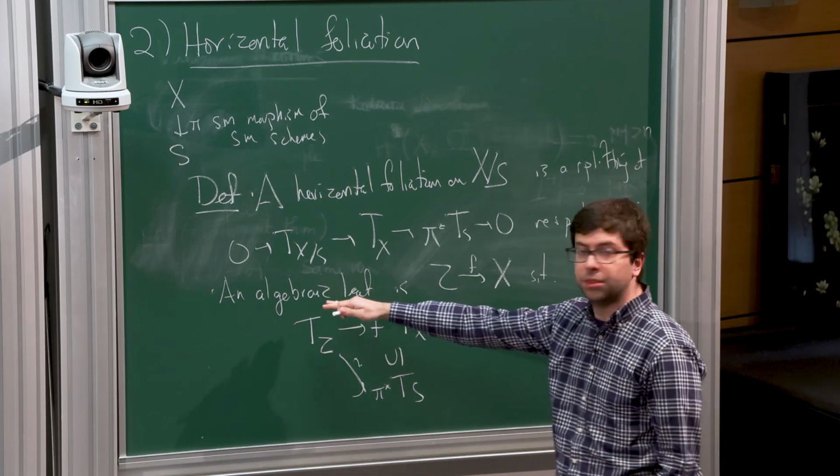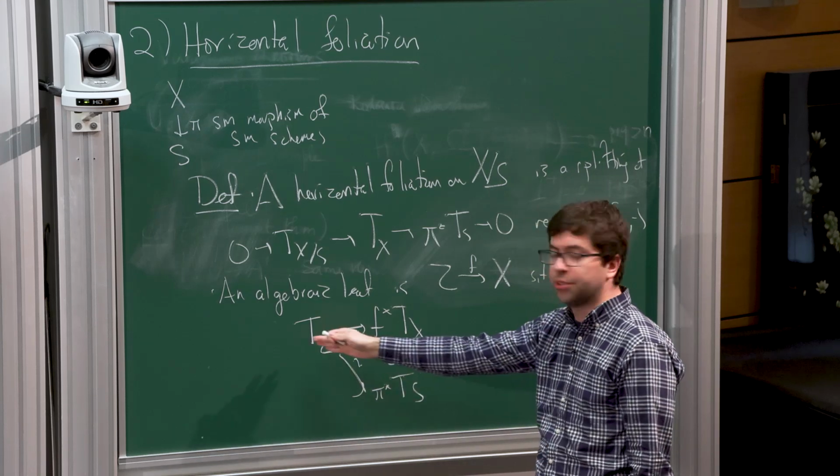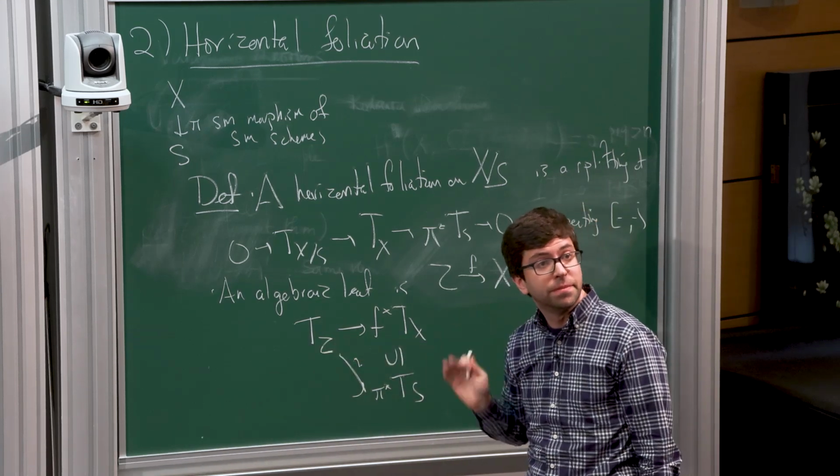OK, so this is what it means to algebraically integrate a foliation. If you just have this factorization, I'll just say Z is tangent to the foliation.